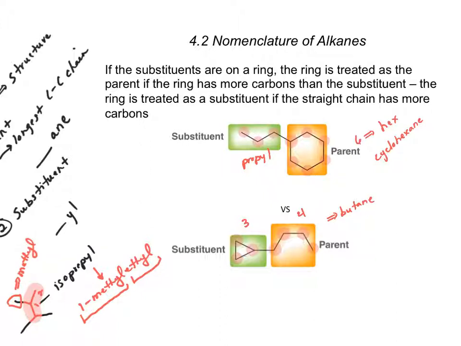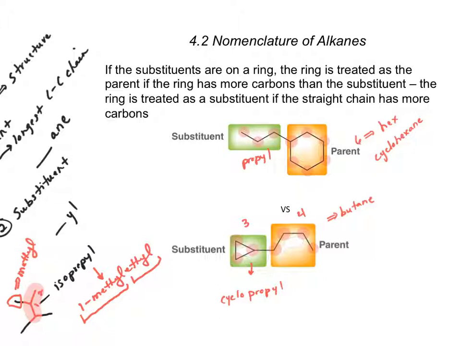So how many carbons are in this ring? 3, right? So we would name this as a 3-carbon substituent. So that is prop. But we also have to specify that it is a ring. So how do you think we're going to do that? How do we do that with the parent? Cyclo, right? So this is cyclo, prop, and then because it's a substituent, it gets the yl at the end. So this is a cyclopropyl substituent off of our butane parent. Okay?